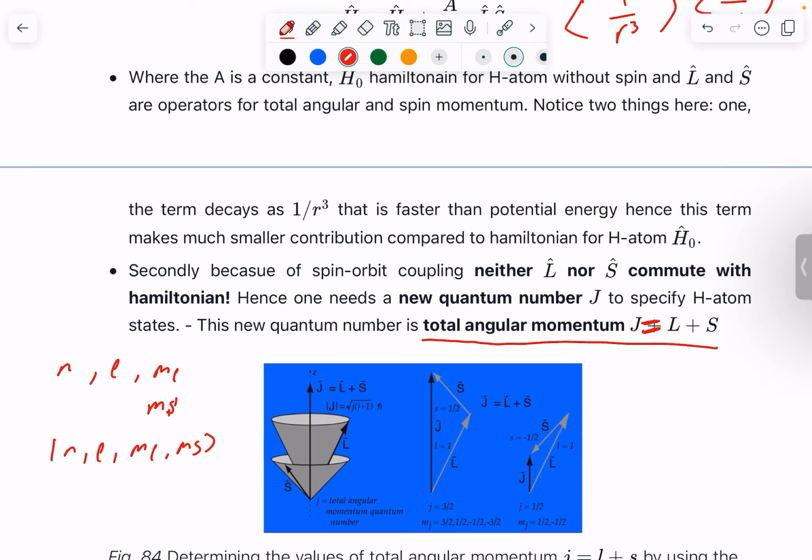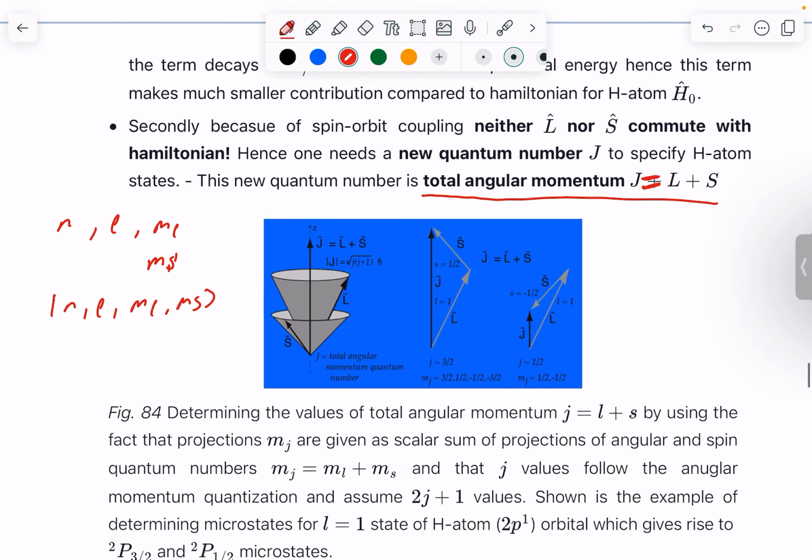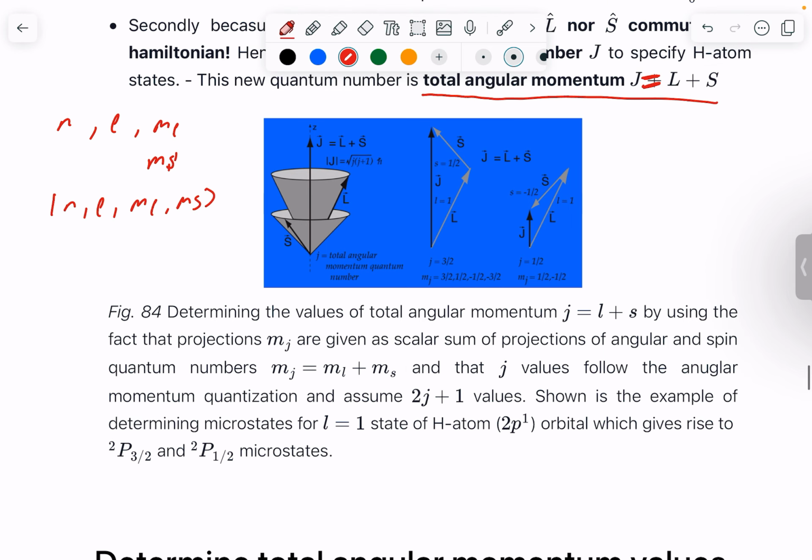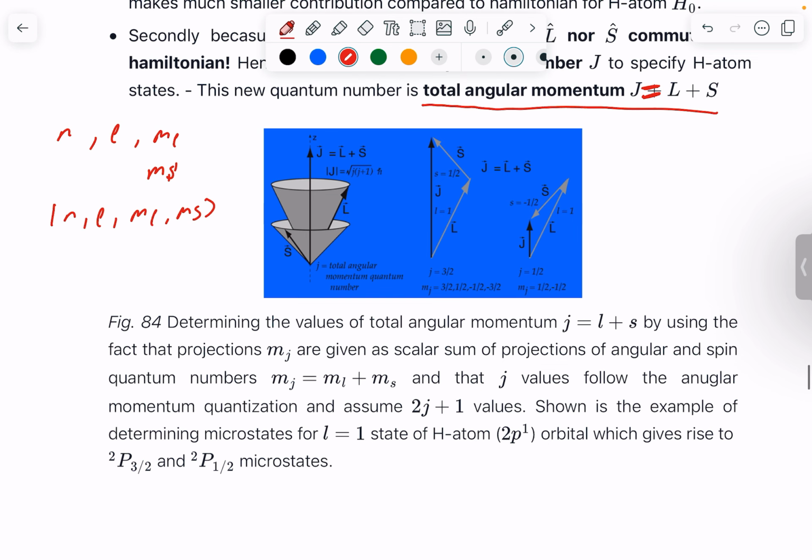So the total angular momentum is going to describe the overall magnetic moment inside the atom. This part is a little bit subtle. You have these two magnetic moments, or angular momentum and spin momentum, and you now have to combine them to get a new angular momentum, J. But the good news is that L is quantized following straightforward eigenvalues, and spin is quantized.